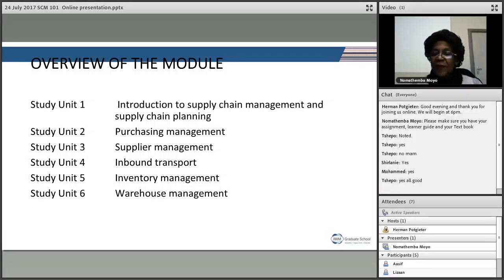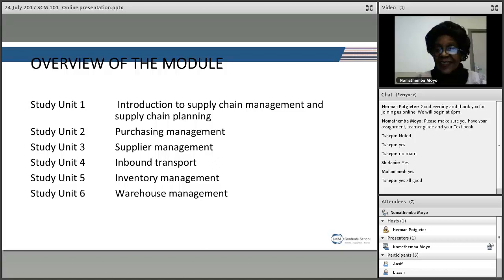So Study Unit 5 deals with how much inventory we need to keep, how we should keep it. That's where we come across a lot of philosophies such as JIT that have nothing but looking at the objective of minimizing costs as far as inventory management is concerned, and ensuring that there's a good flow of goods and there's no disruptions in our production.